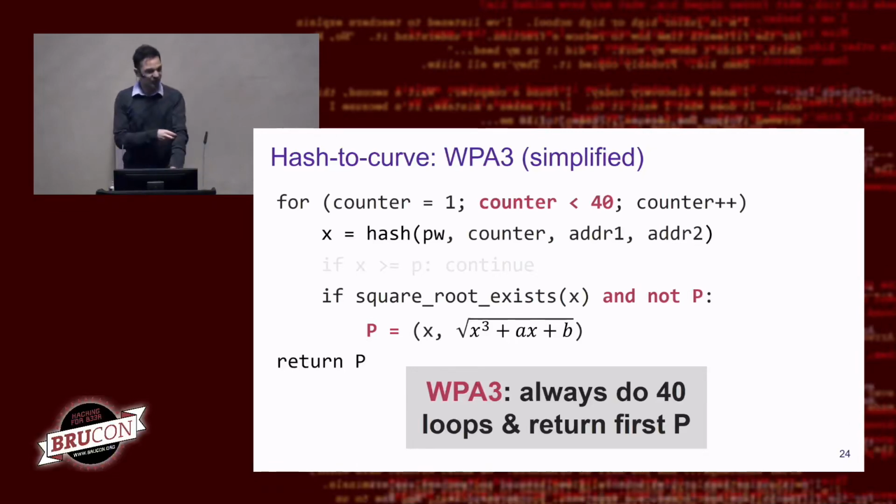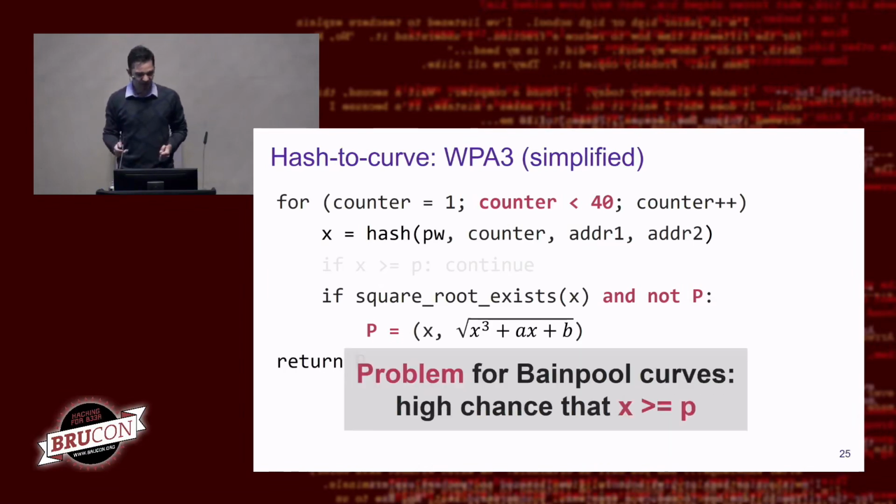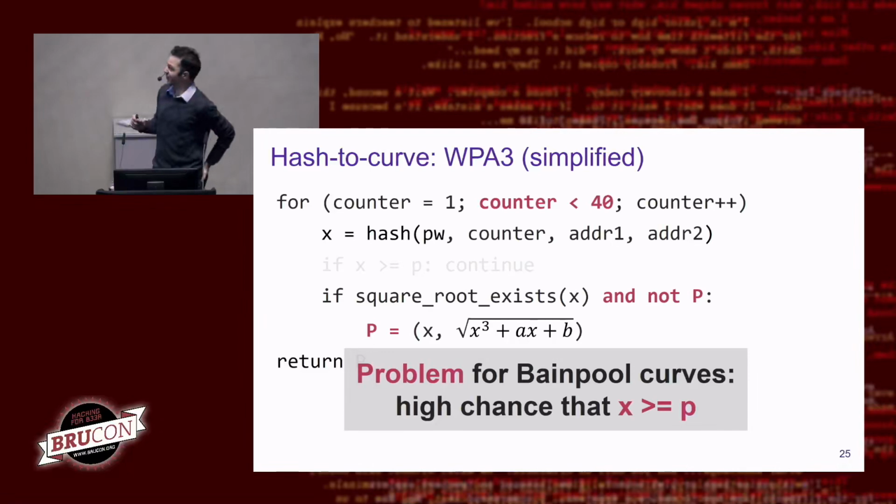However, there is one problem. The problem is if we use a certain type of elliptic curves, because when you're using elliptic curves, you have multiple choices of the curves you want to use. For example, you can use NIST elliptic curves, in which case this would be quite safe to use. But WPA3 also supports so-called Brainpool curves. And it turns out, when we use Brainpool curves, we have a similar problem as before.